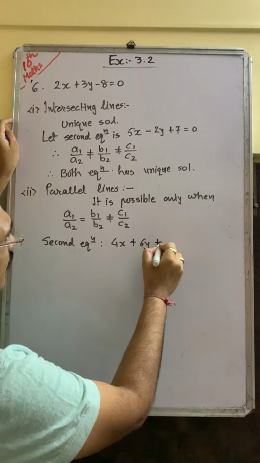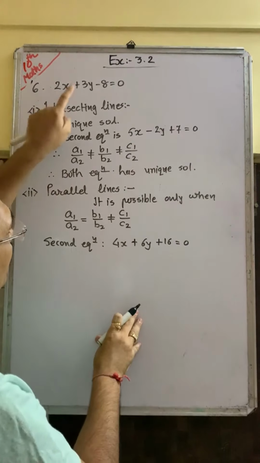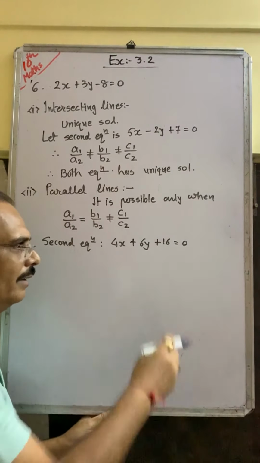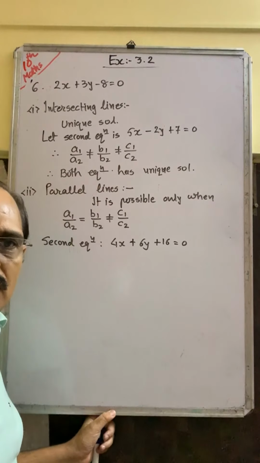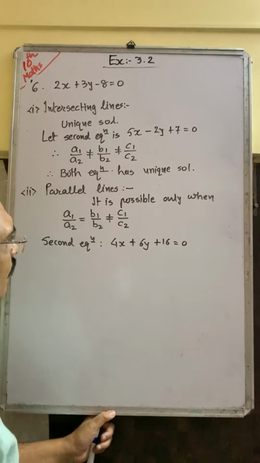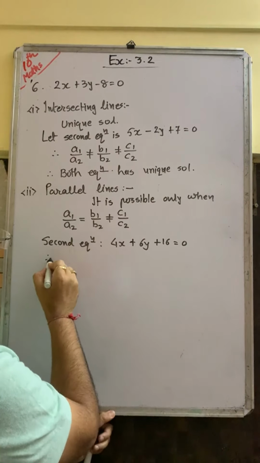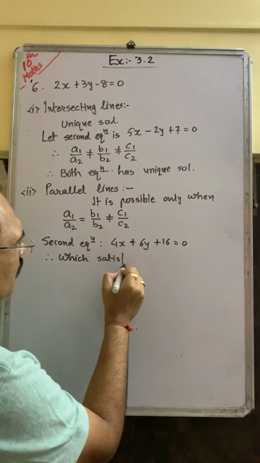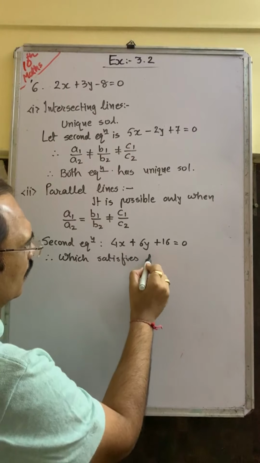I can write plus 16 equals 0. Minus 8 upon 16 is minus half. You can write here 12, 13, 14, 15, anything, but this satisfies the condition.